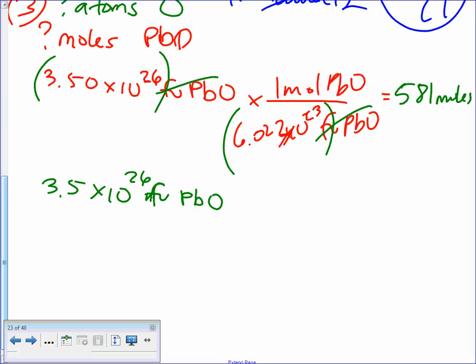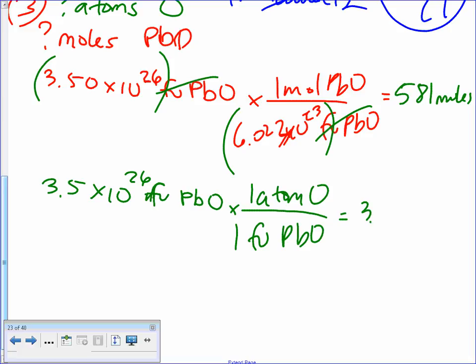You take one atom of oxygen on the top, yeah. I have to cancel this, right? So I have one formula unit of lead(II) oxide. One particle of lead(II) oxide has also one atom of oxygen in it. So that actually is the same number, 1 over 1, right? So 3.5 times 10 to the 26 atoms of oxygen.